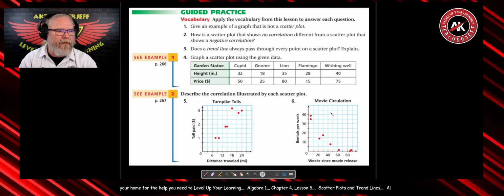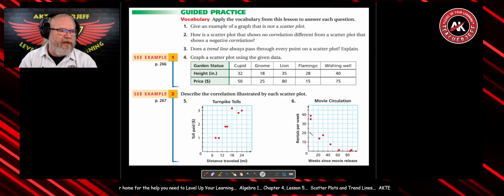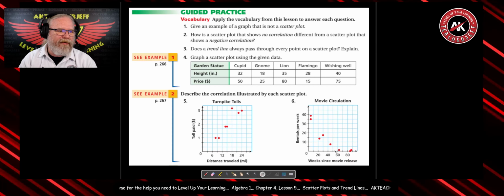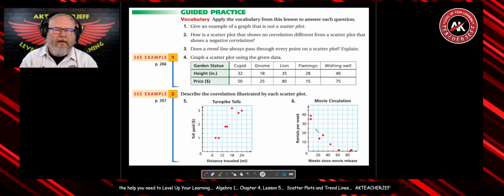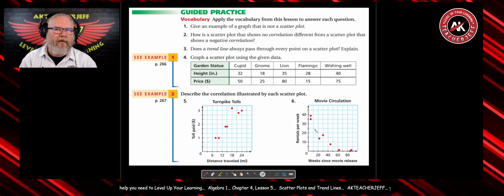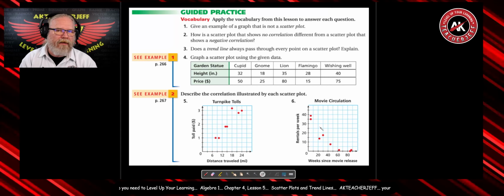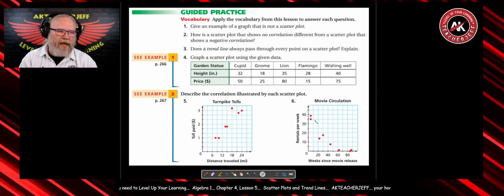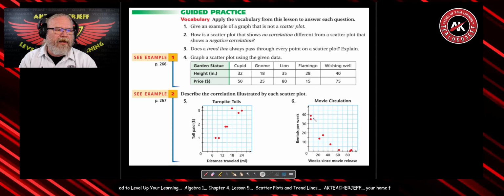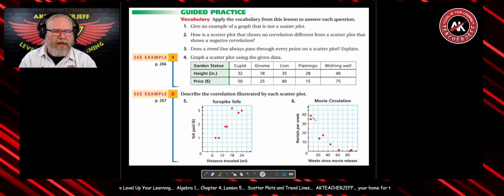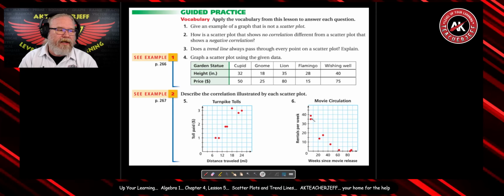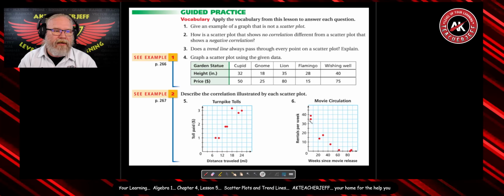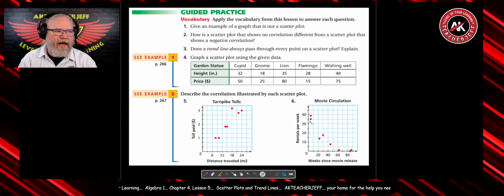Both are increasing. Movie circulation is the title. We have weeks since the movie released and rentals per week. So this textbook was probably written whenever there was such a store as Blockbuster. But nonetheless, Blockbuster would come out and you'd be down there trying to get the new releases, and because they were on VHS tapes and everyone's in the store, you stand around waiting for someone to turn one in at the inbox so you could check it out.